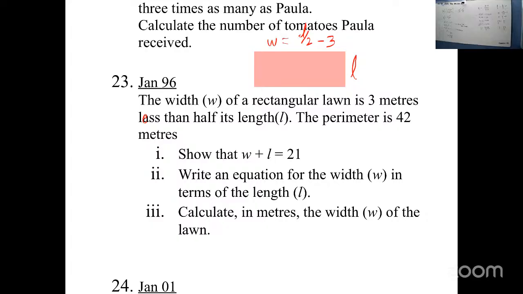Was it perimeter, Samir? How do you find perimeter? Add up all the sides, right? Hurry up, do that fast. And you should get part 1.